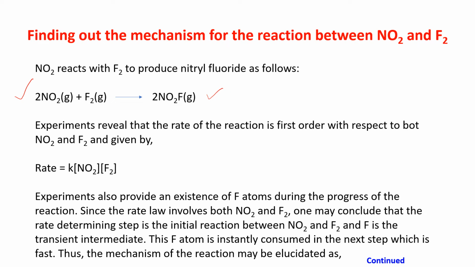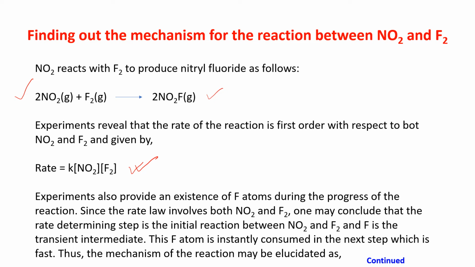So the rate of the reaction, how to calculate? We have to know the order with respect to both the reactants. We are getting that experimental data. It shows that it is a first order reaction with respect to both NO2 and F2. So the rate can be written like this: rate equals K[NO2][F2]. Experiments also provide evidence of the existence of fluorine atom during the progress of the reaction.